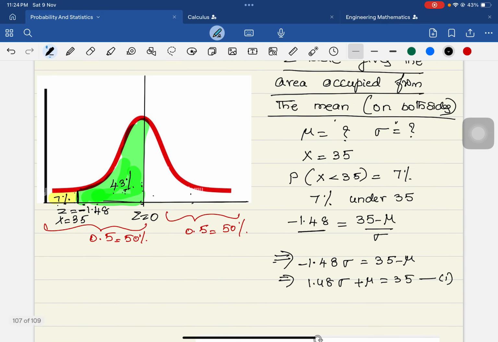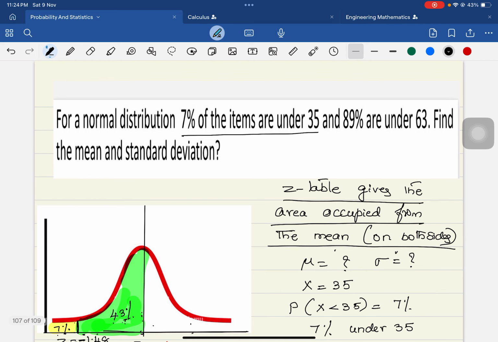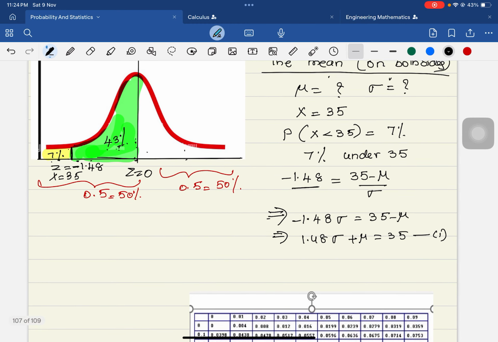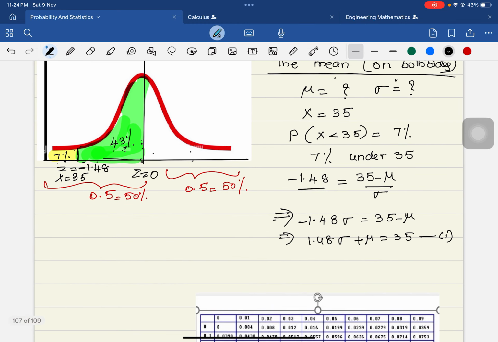Now there is another hint he has given in the problem. What is that? 89% are under 63. So where is under 63? There is 89%. So where does that lie, in the figure? 89% is under 63. Let me first draw the figure.